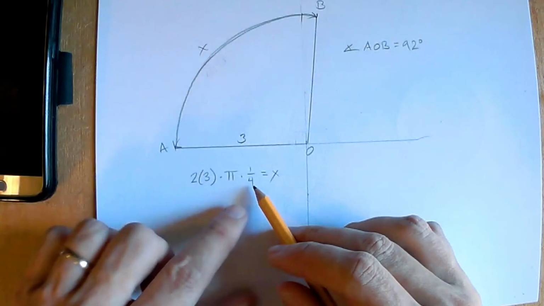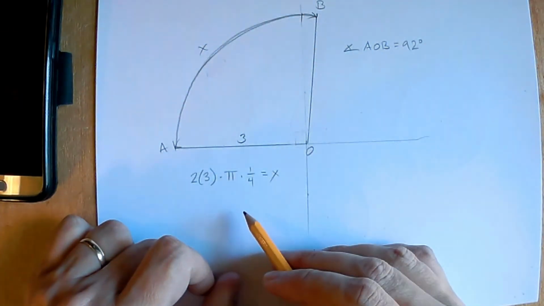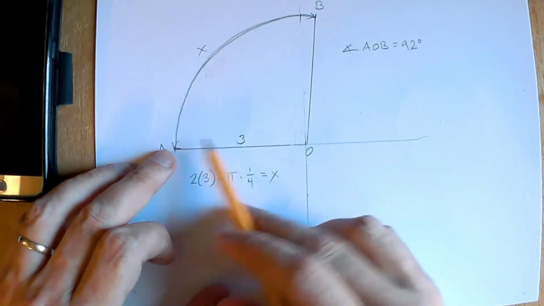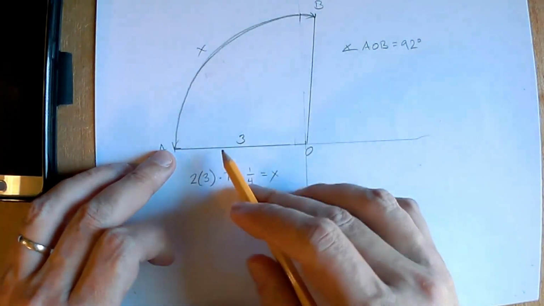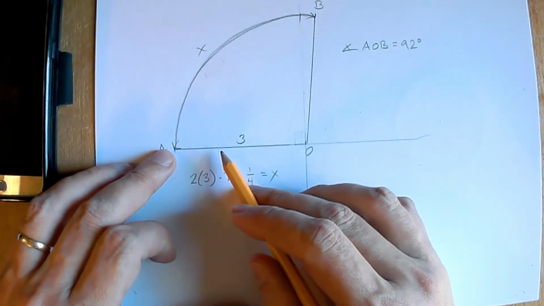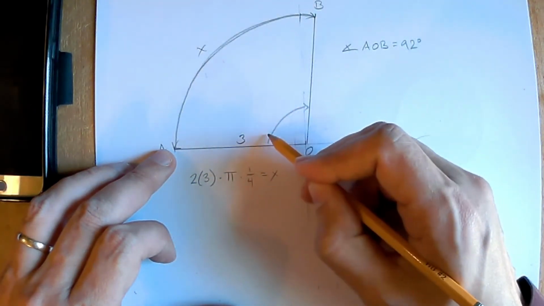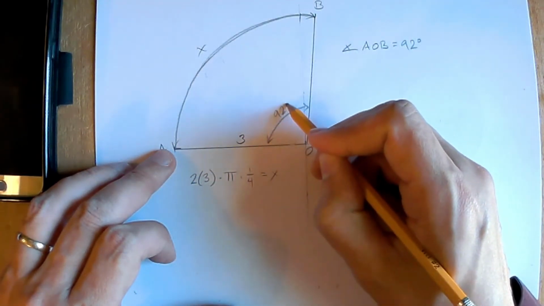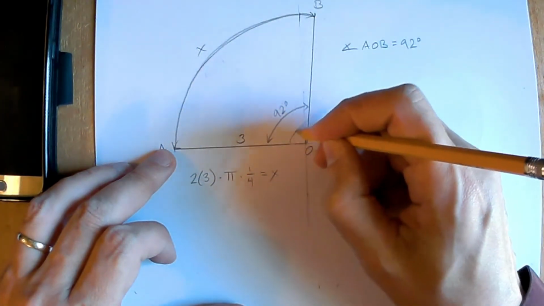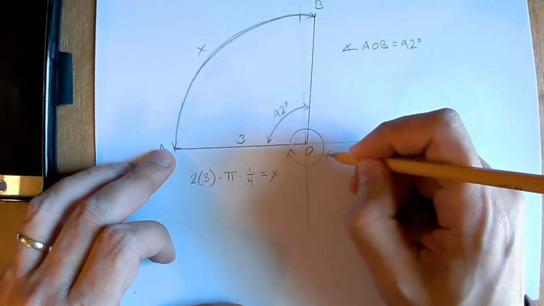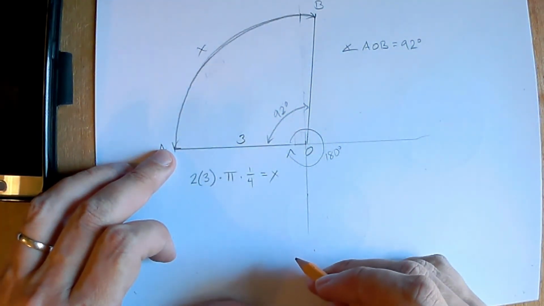Well, just like you knew that this was 1 part out of 4, how many parts are there in a whole circle if you're dealing with degrees? It's 180, right? And this is going to be 92 degrees out of 180 degrees, right?